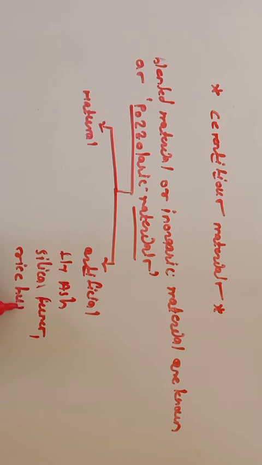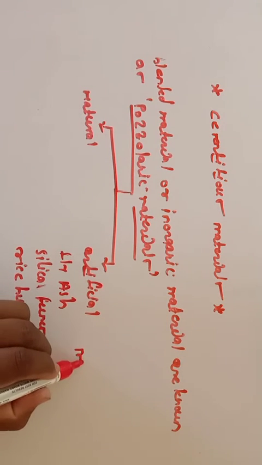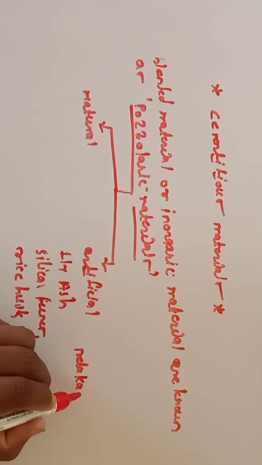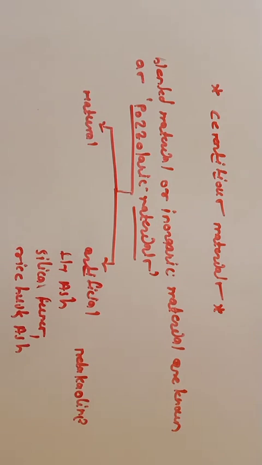Rice husk ash is also used as a blending material or inorganic material in Portland cement. Another one is metakaolin. So these are the artificial pozzolanic materials: fly ash, silica fumes, rice husk ash, and metakaolin, which are blended in Portland cement.